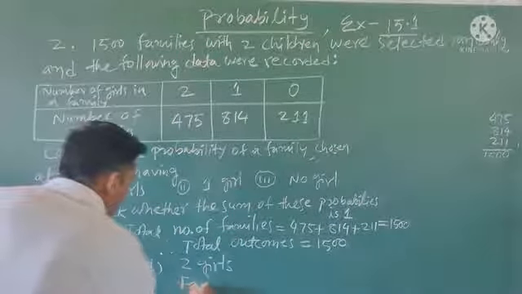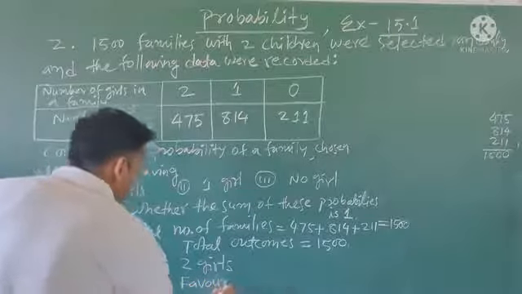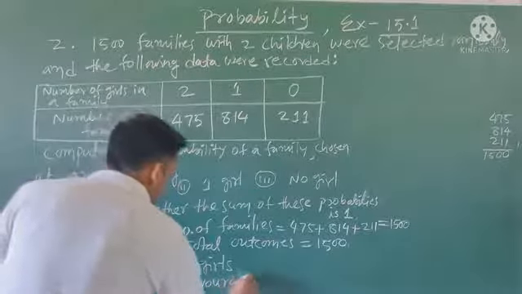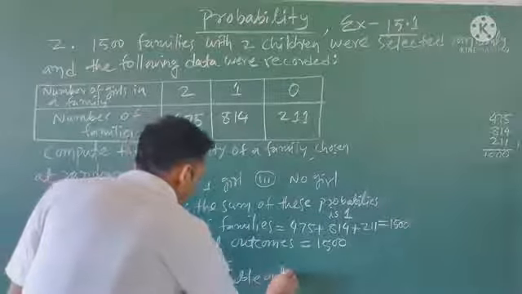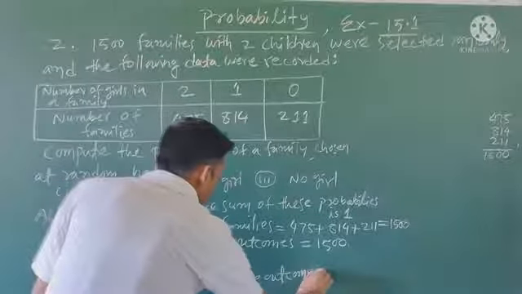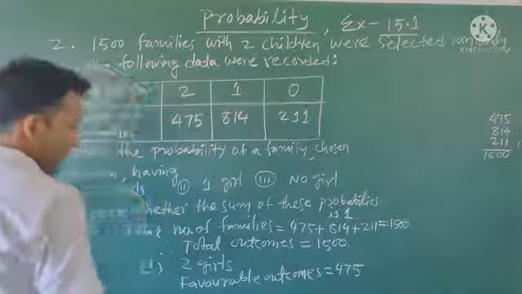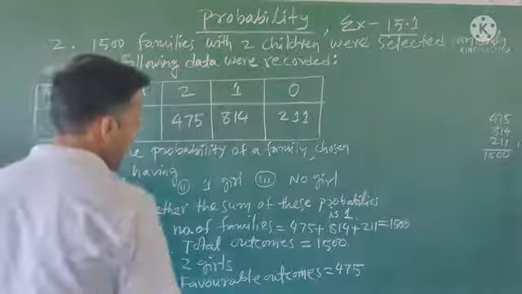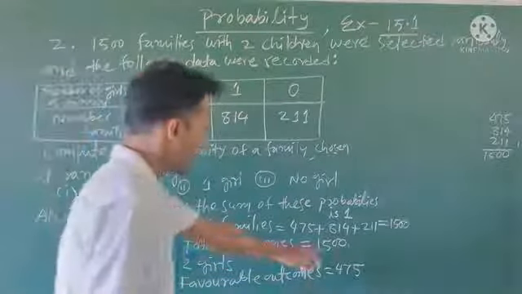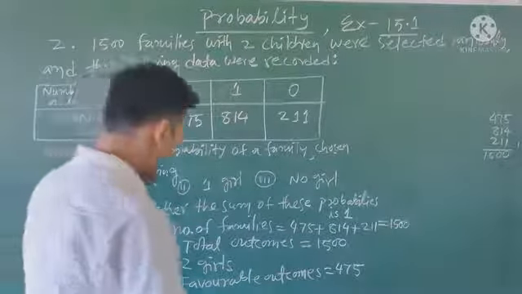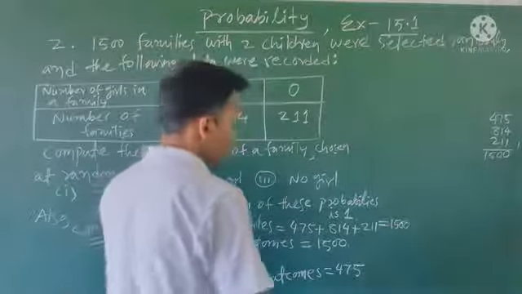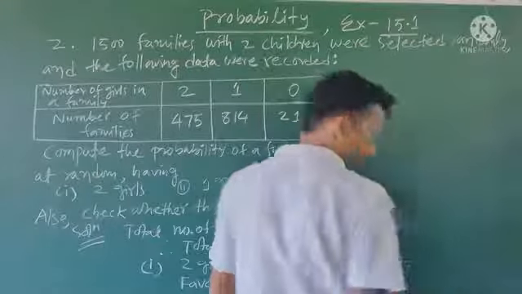Therefore the favorable outcome is 475. Total outcomes we have already. Total outcomes how much? 1500. Favorable outcomes getting 475.